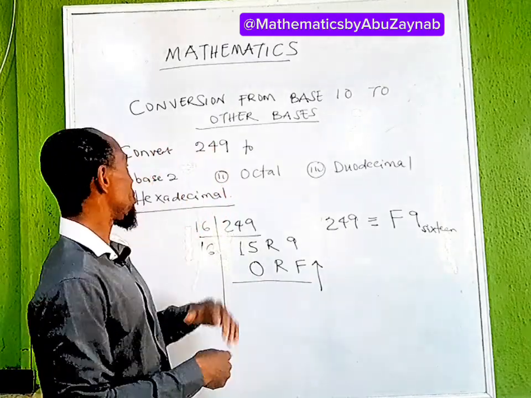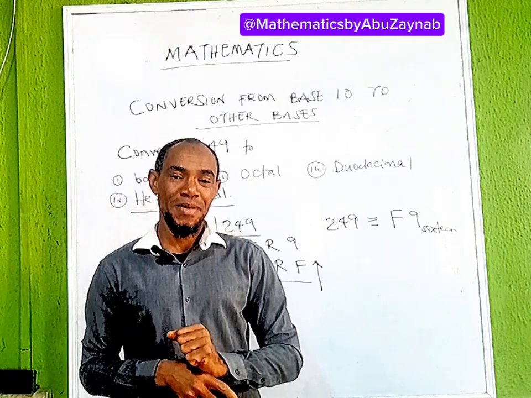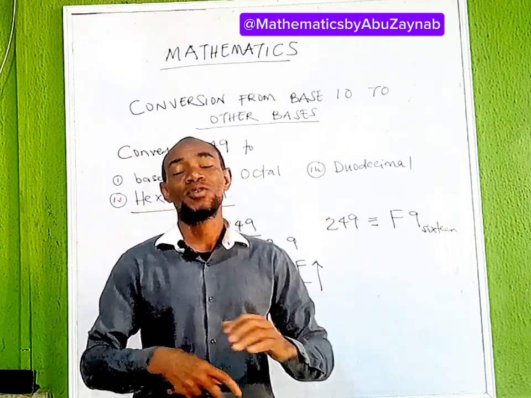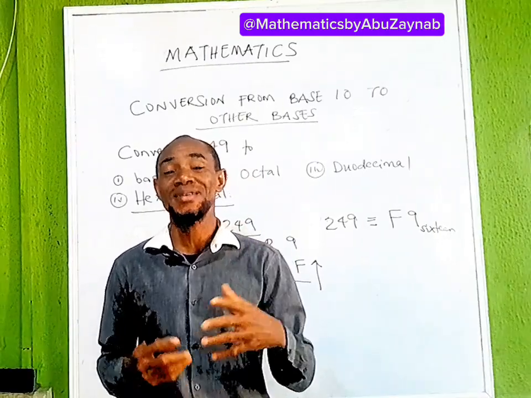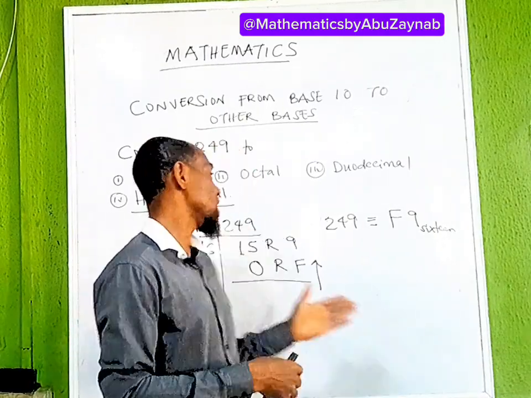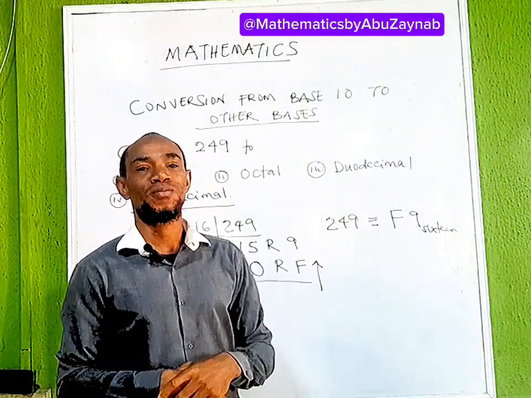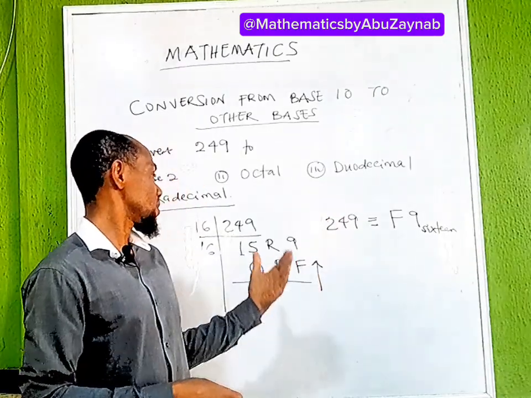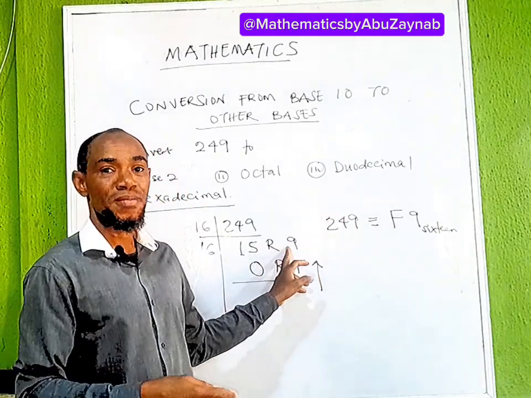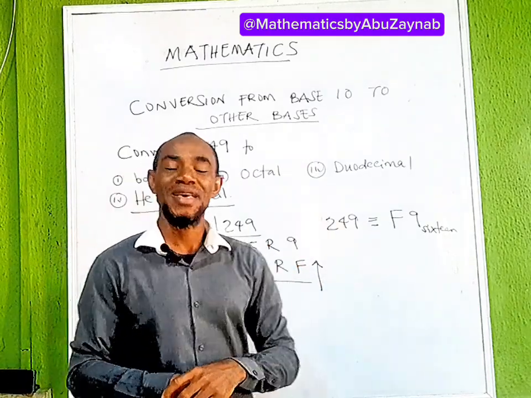And that's the end of our conversions to other bases from base 10. So today we have looked at how to convert from base 10 to other bases, and we have shown that the processes are the same all through, which basically means division by the bases we are converting to. At every successive division, we don't forget to write our remainders, because it's the remainders that we write from down upwards. And that's the end of our lesson today.